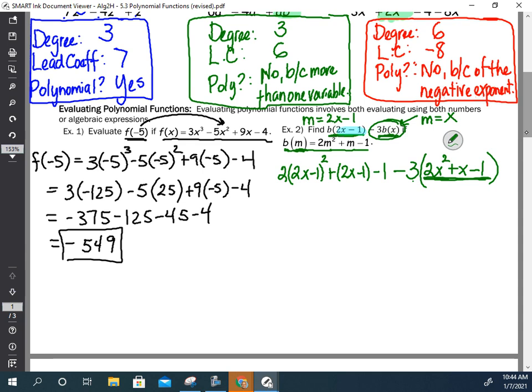Doing this is no different than saying b of 6 minus b of 4. I can make m two different numbers. How come I can't make it two different variables? That's if they are assigned that way.